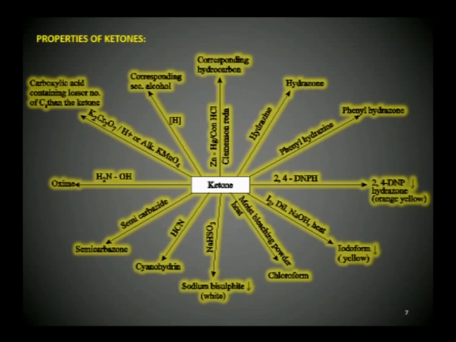So in these properties of ketones, we can see the common reactions that we saw in aldehydes and ketones. That is, reaction with HCN, sodium bisulfite, hydroxylamine, hydrazine, phenylhydrazine, and 2,4-DNP, that is 2,4-dinitrophenylhydrazine.